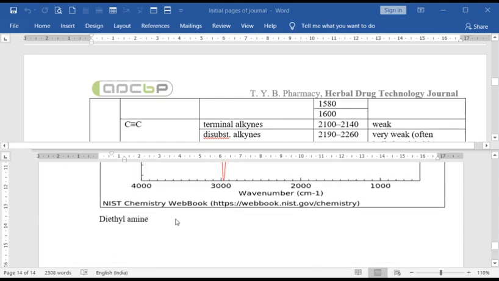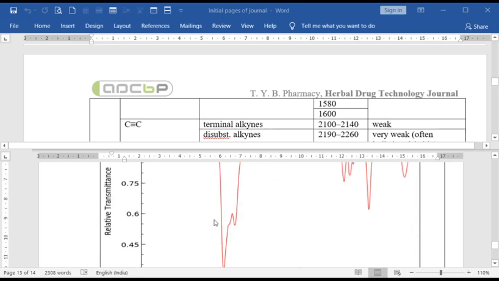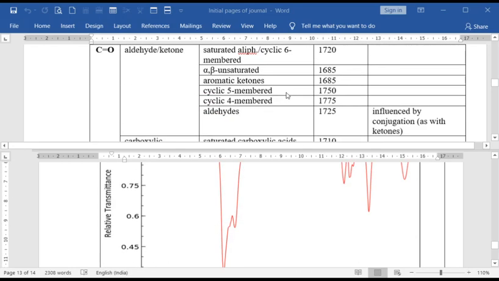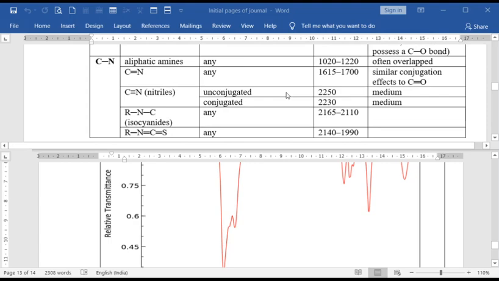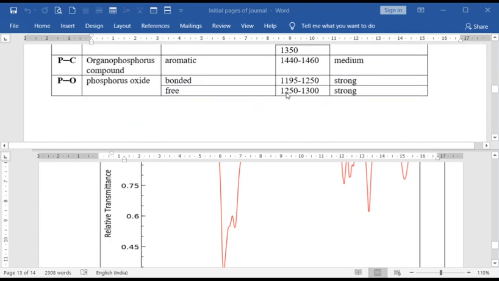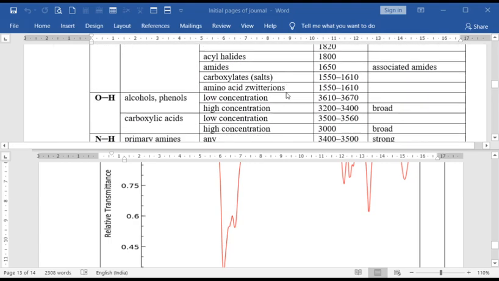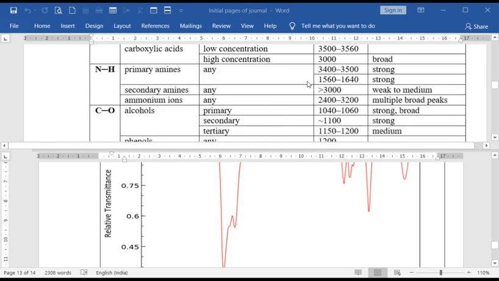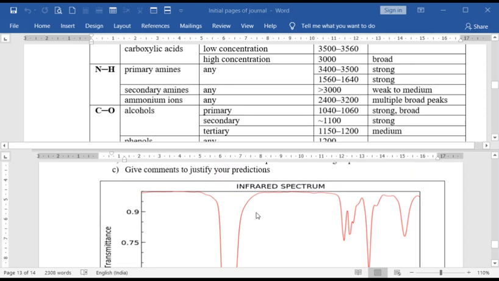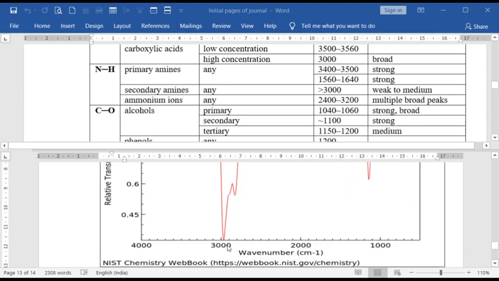This is below 3000, and mainly the various amines which are present show the spectra below 3000. For primary or secondary amines, the peaks are generally below 3000, and this particular spectrum is showing the peak below 3000, or around 3000 we can say. So that was for the amines.